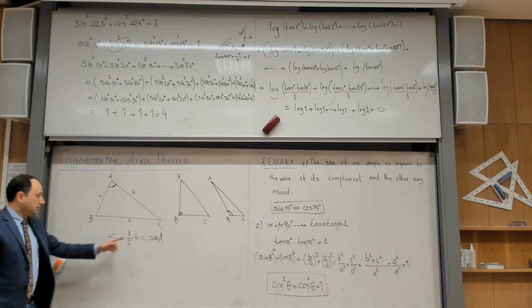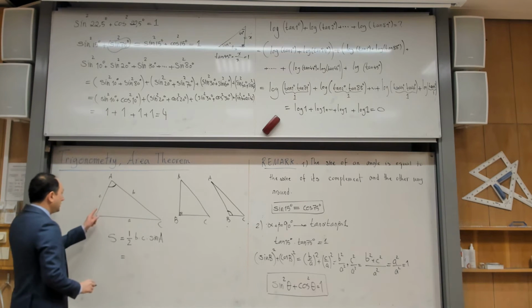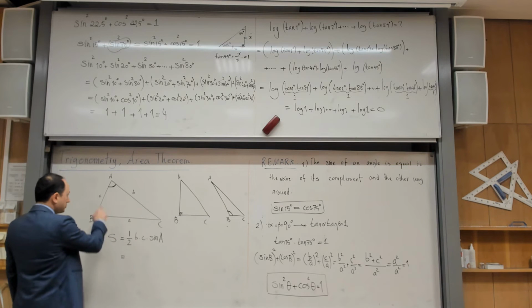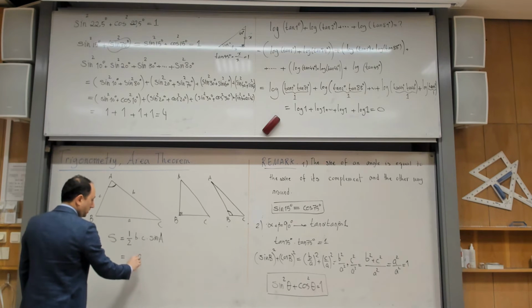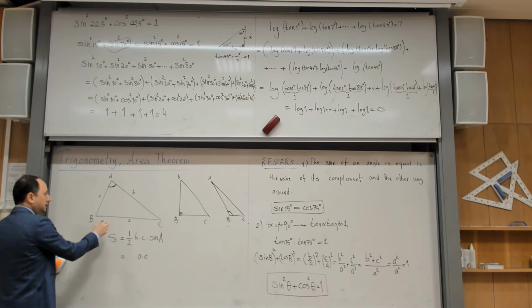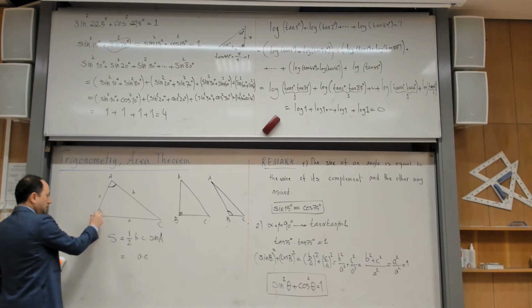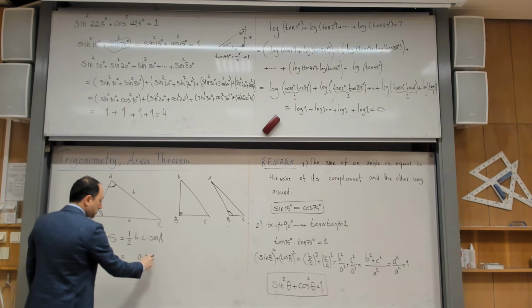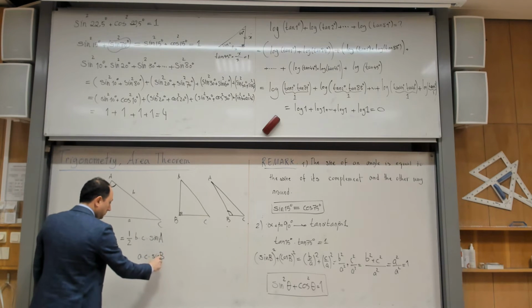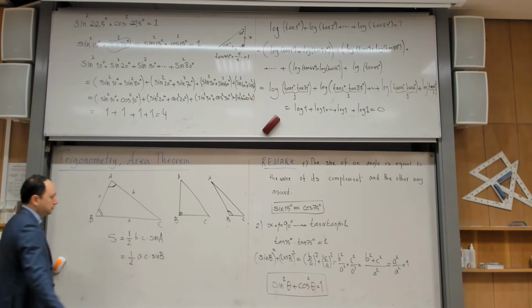So, but it doesn't matter which one I choose. I can equivalently choose the other two. For example, I can choose A and C, multiply them, and I ask myself, what is the angle included by these two sides? The answer is clear here, is what? Is B. I take sine of B, multiply these three numbers, but then I have to remember to divide by 2.